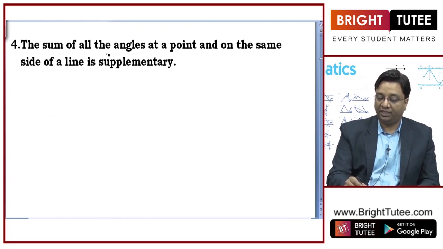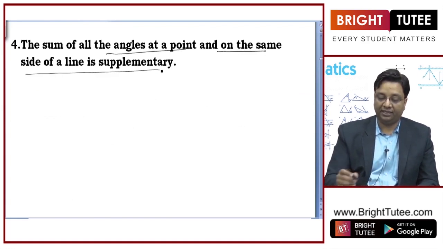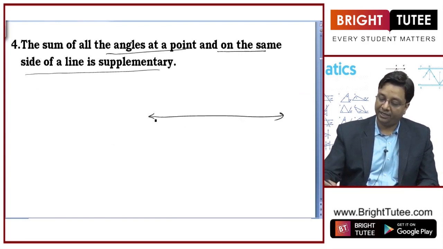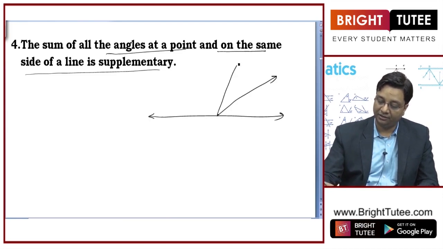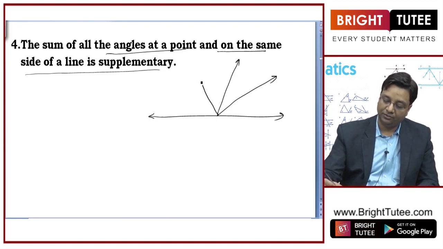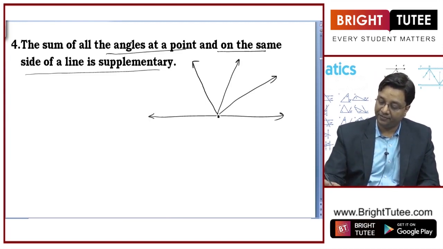The sum of all the angles at a point and on the same side of a line is supplementary. Let us take a line, and on one side of this line, let us make these angles 1, 2, 3. You can make as many angles as you want, but I have made 3 angles here.